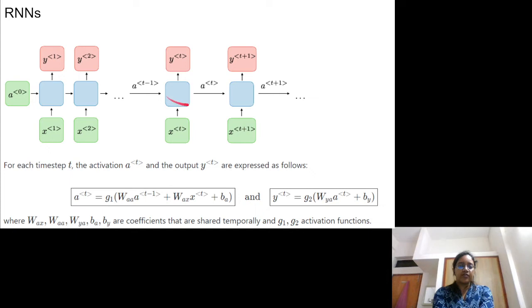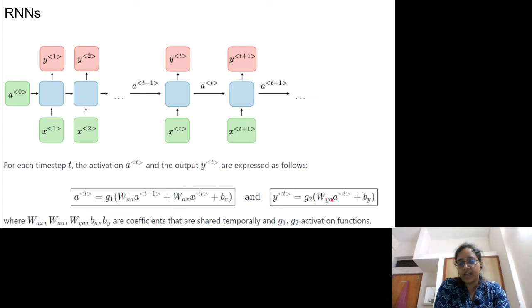Now that you have computed this a of t, suppose you want an output from this particular hidden state. Then all you have to do is use another weight matrix WYA. You just multiply this a of t with this weight matrix, which is just a normal linear layer.